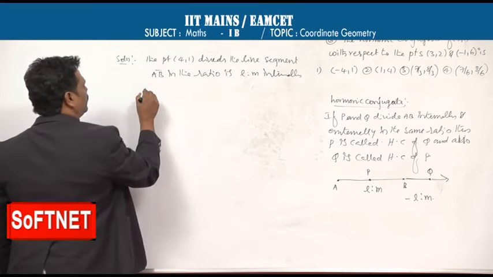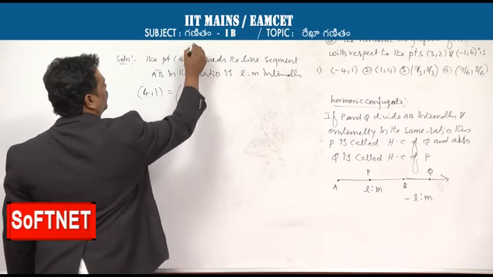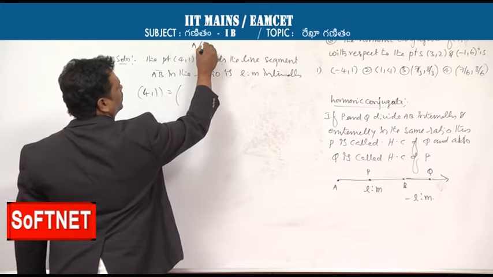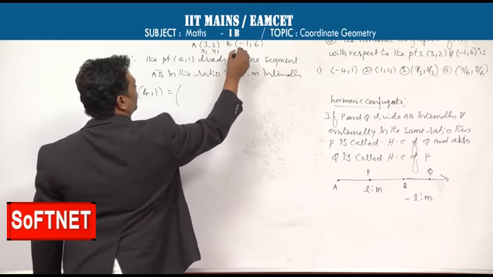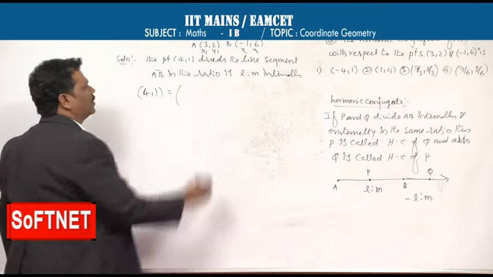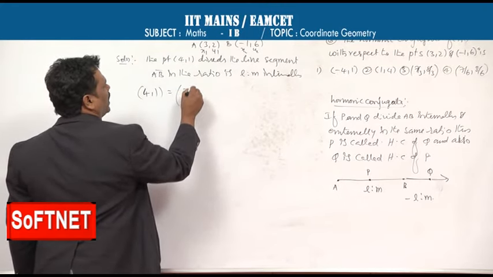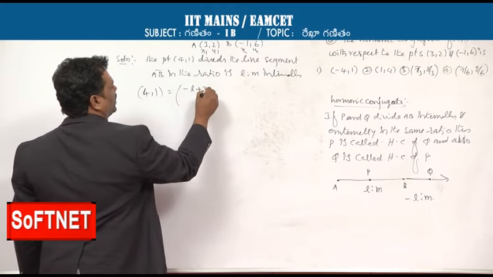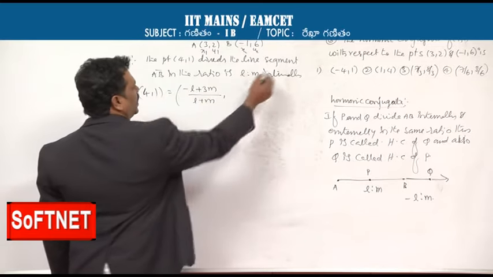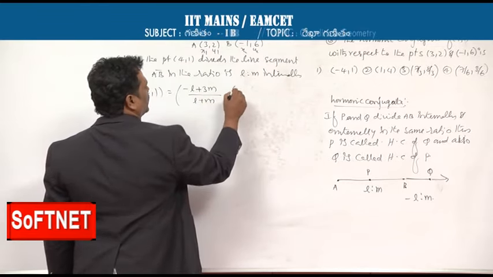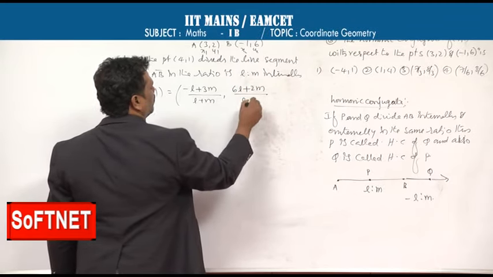Here A is (3, 2) and B is (-1, 6), so (x1, y1) and (x2, y2). So (4, 1) equals (-L + 3M)/(L + M) for the x coordinate, and (6L + 2M)/(L + M) for the y coordinate.